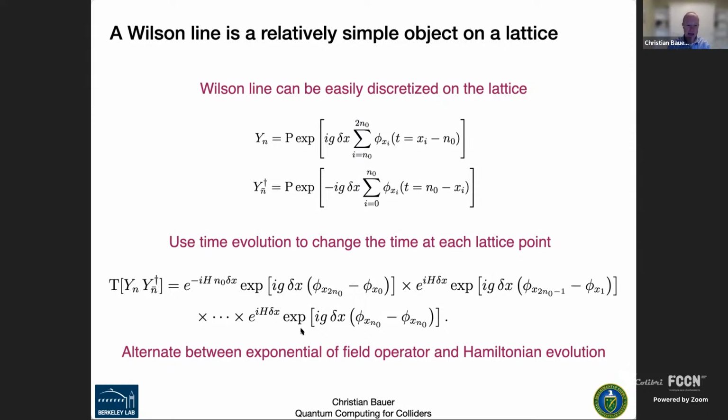If you work this out, but I hope this is somewhat intuitive, you essentially find that this operator becomes an exponential evaluated at some field values at the center, then you time evolve forward. You start here, you time evolve, and then you hit the next two lattice points, you time evolve again, you hit the next two lattice points, and so on. So you hop through the lattice this way, and you alternate between exponential field operators and Hamiltonian evolution.